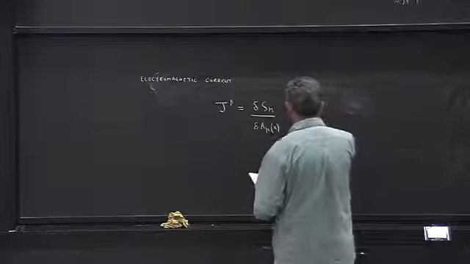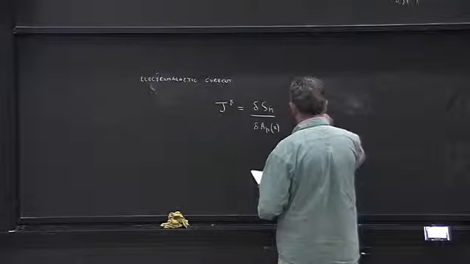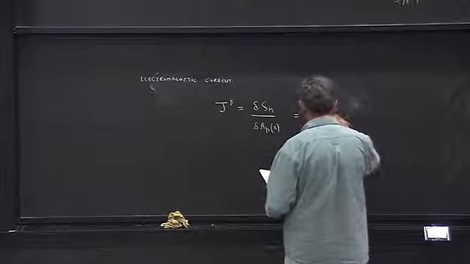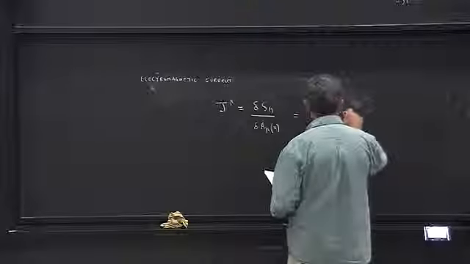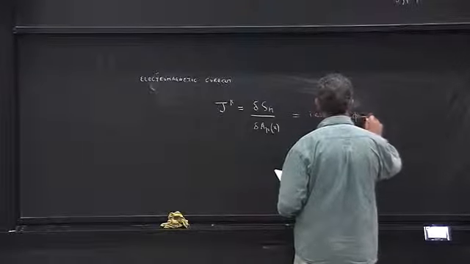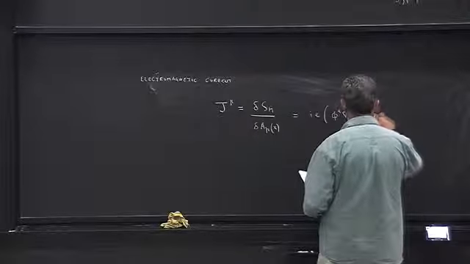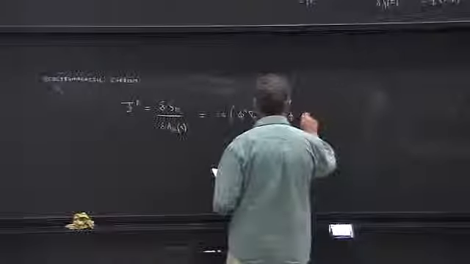And it equals i e times phi star nabla mu phi minus nabla mu phi star phi.